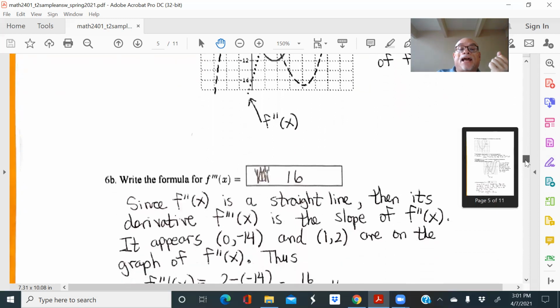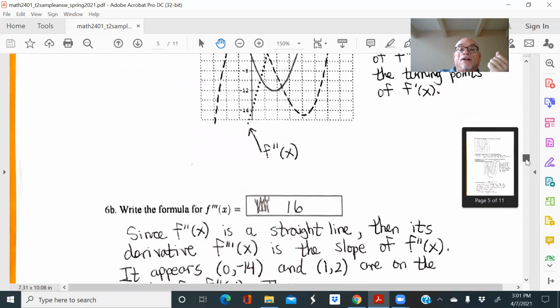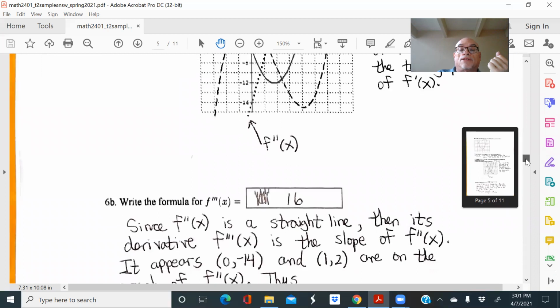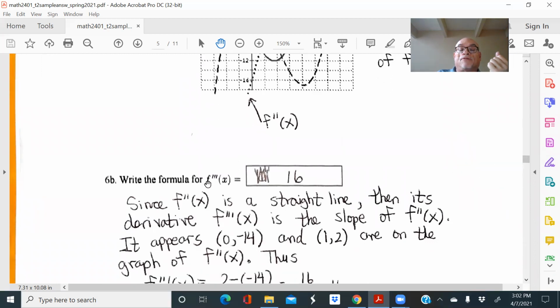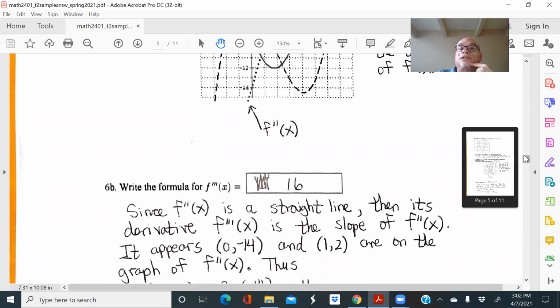So that's the sort of reasoning that you can go through to figure out which of these curves is which. Now, the second part here also asks, what's going to be the formula for the third derivative? Well, the third derivative is the derivative of the second derivative, correct?